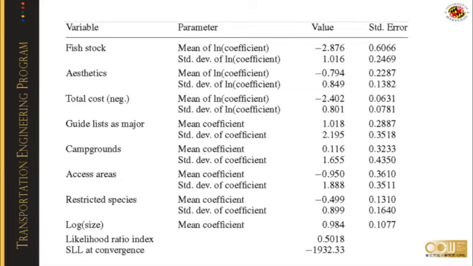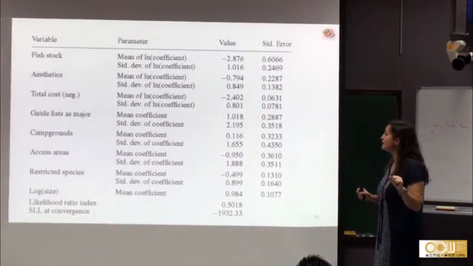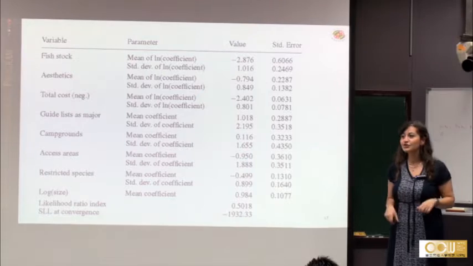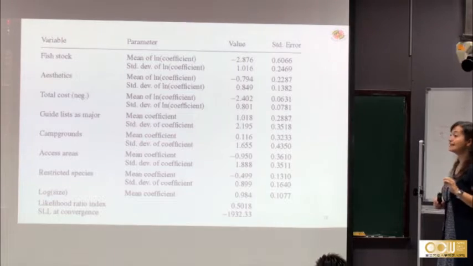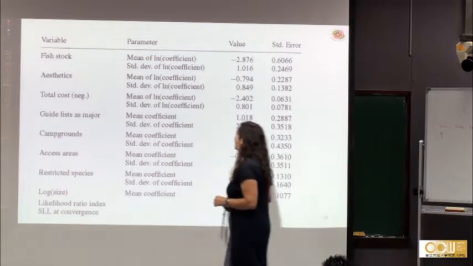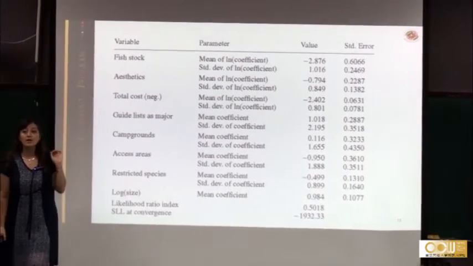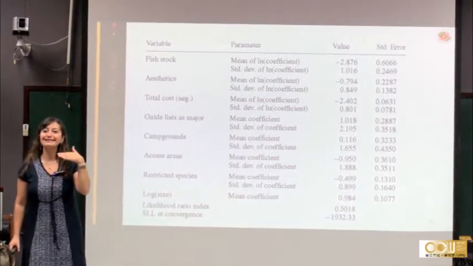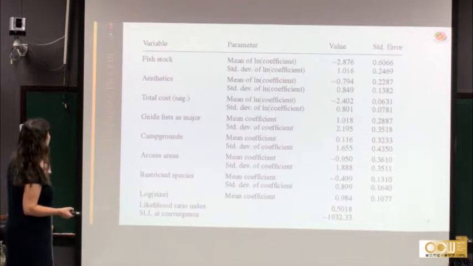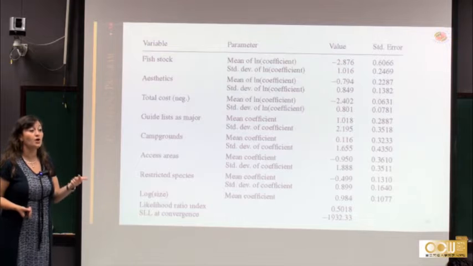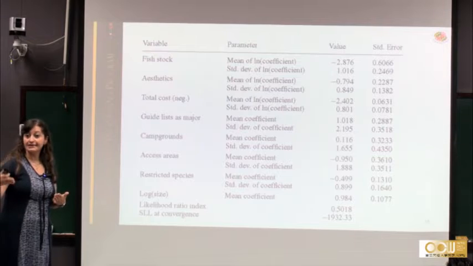So these are the results. As you see, he's estimating a lot of random coefficients, right? Out of the 8, he estimates 10 random coefficients. He doesn't care about identification, and in particular, he's saying that fish stock, aesthetics, and total cost can assume just one sign. Fish stock and aesthetics can be just positive, because the more fish, the more you are attracted by this site.